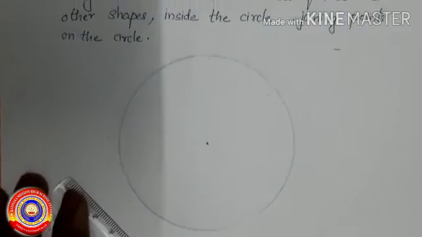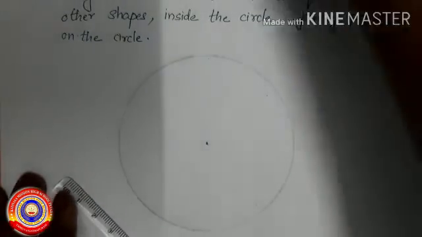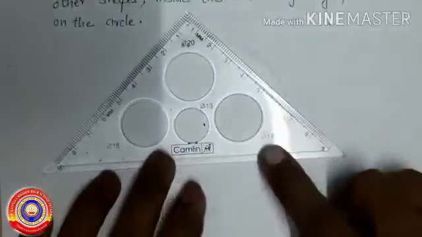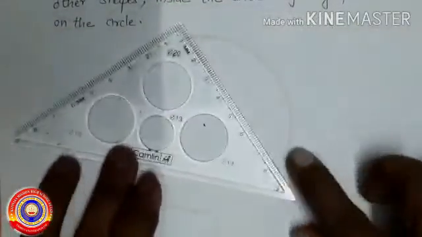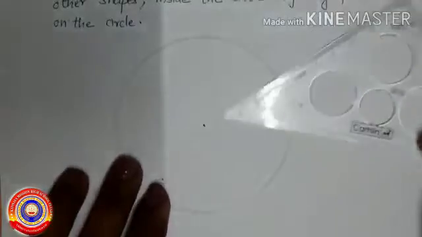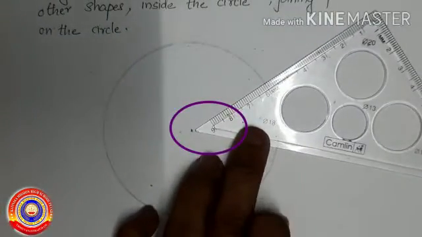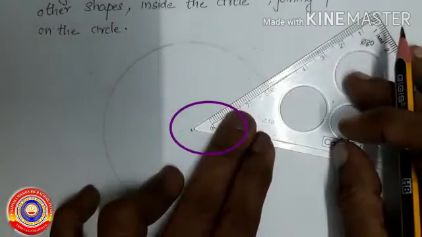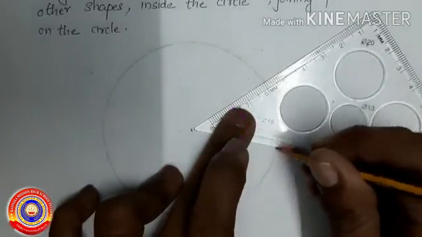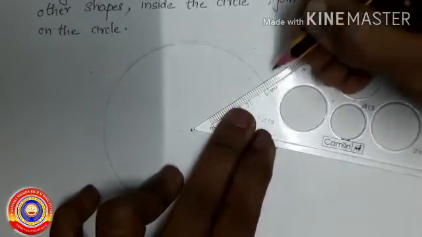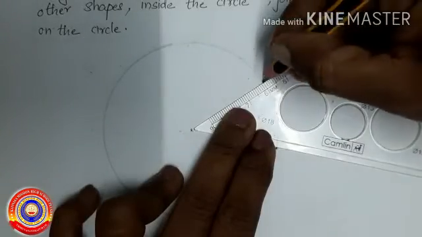Here I have drawn a circle. Now take the set square number 1. Now place the set square over the circle such that the center of the circle meets the slanting corner of the set square. Now mark points where the set square meets the circle.